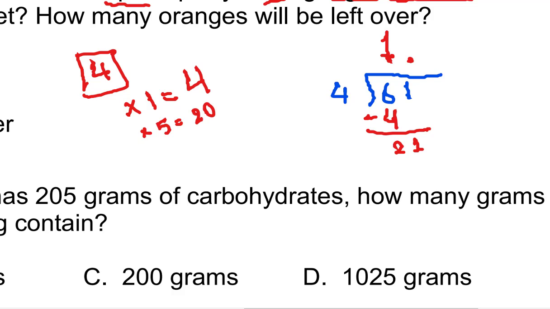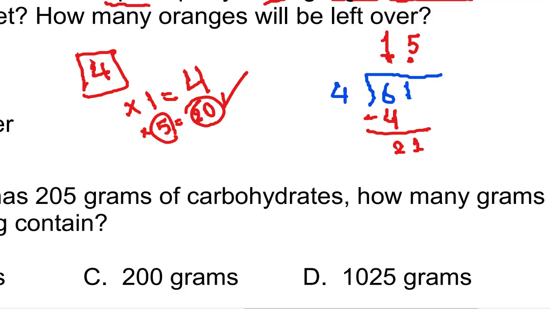Yes, but what should we write in the quotient and what should we write down? We should write 5 in the quotient, and down under the 21 we write 20.